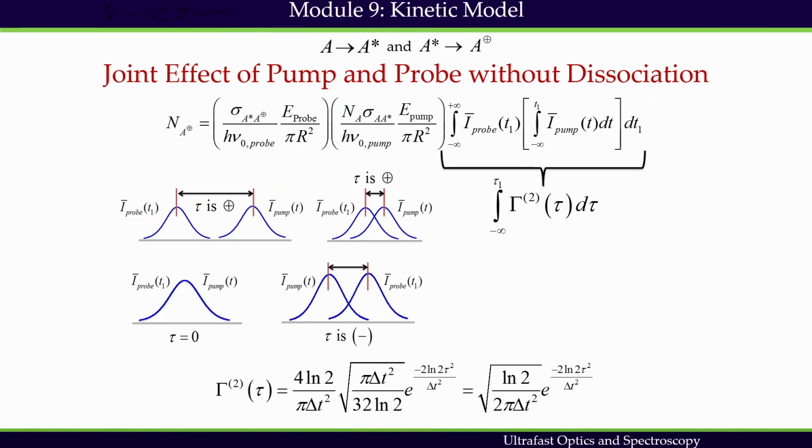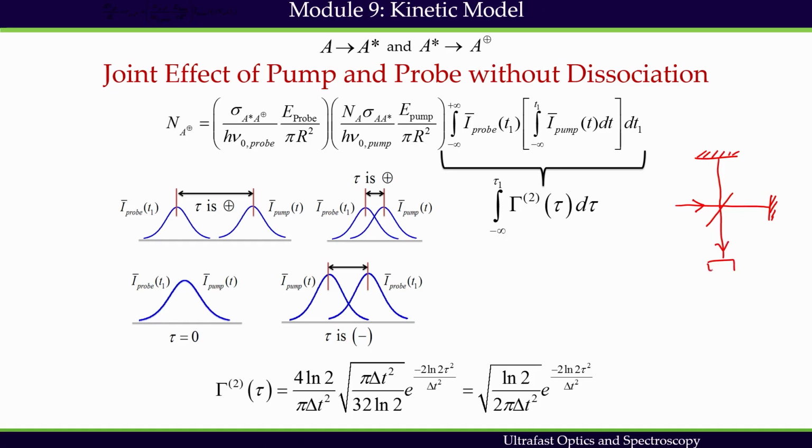If we remind ourselves that when we did an autocorrelation experiment, we used 50-50 beam splitter, this is the Michelson interferometer, and this is the way we got that.